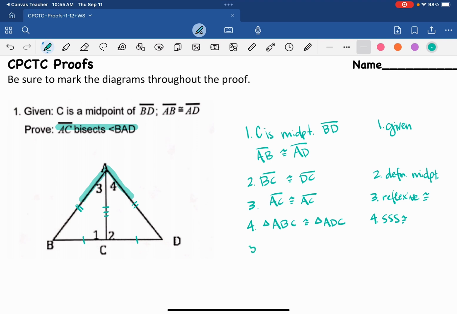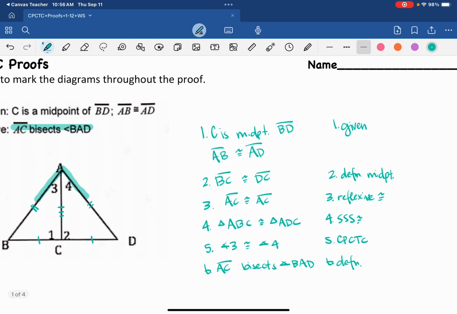So if I know that my triangles are congruent now, I can say angle 3 is congruent to angle 4 because corresponding parts of congruent triangles are congruent. And because 3 and 4 are congruent, I know that line AC bisects angle BAD, and it's just my definition of an angle bisector.